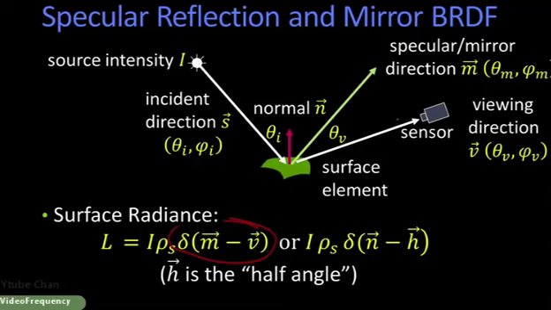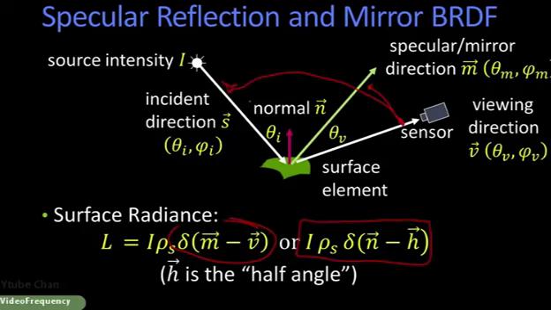Another way of writing that is that the half angle is the same as the normal. In other words, if the vector exactly halfway between the sensor and the light is the same as the normal, then you get a mirror reflection, for a single perfect point. So that's the mirror BRDF.